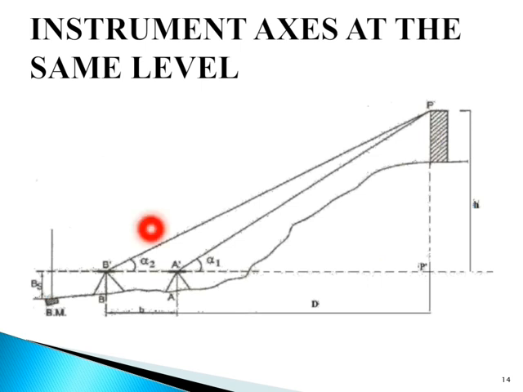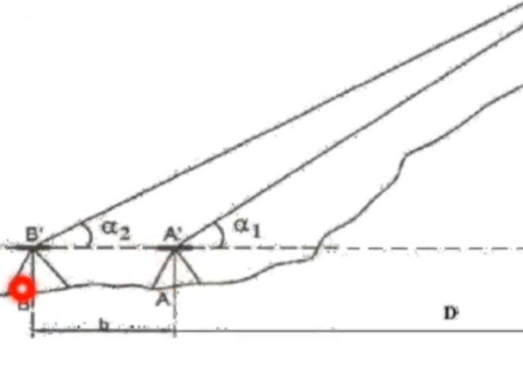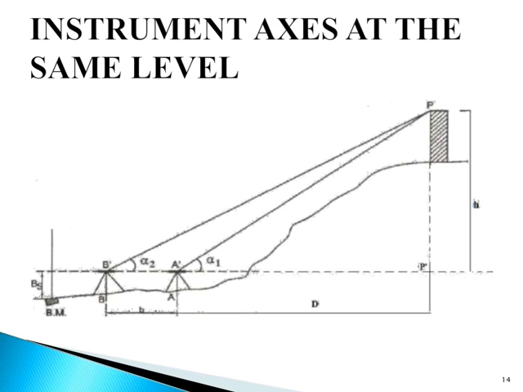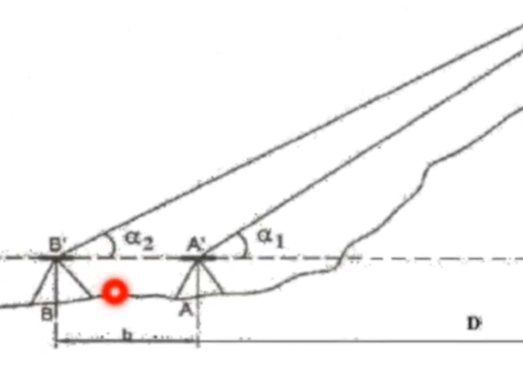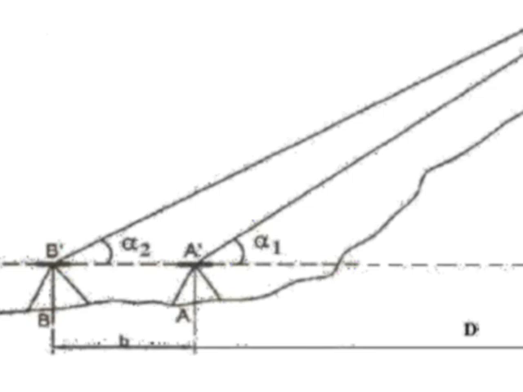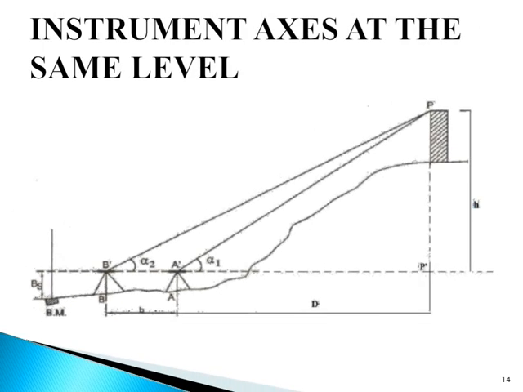So here A and B are the instrument stations. Small h is equal to the elevation of the top of the object, here P, say top of the object is capital P, from the instrument axis. Next, small b is the horizontal distance between A and B. Next, capital D is the horizontal distance between A and the base of the object.